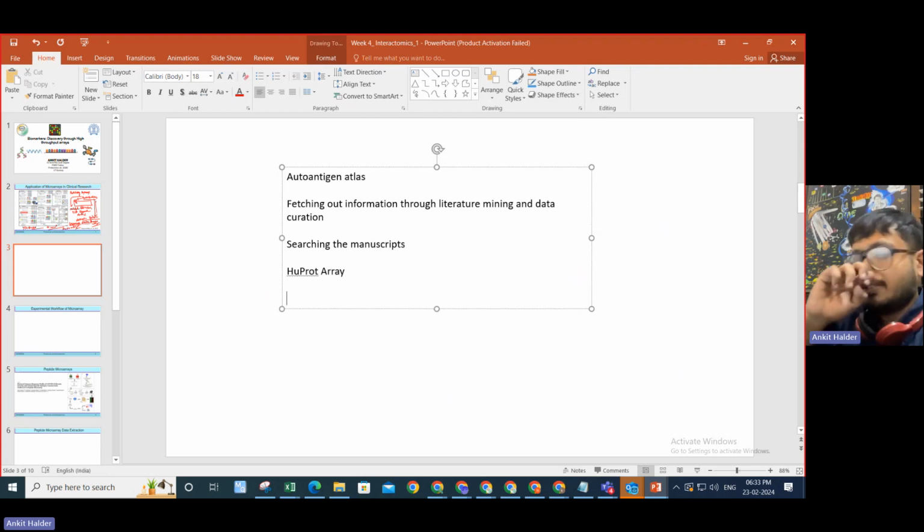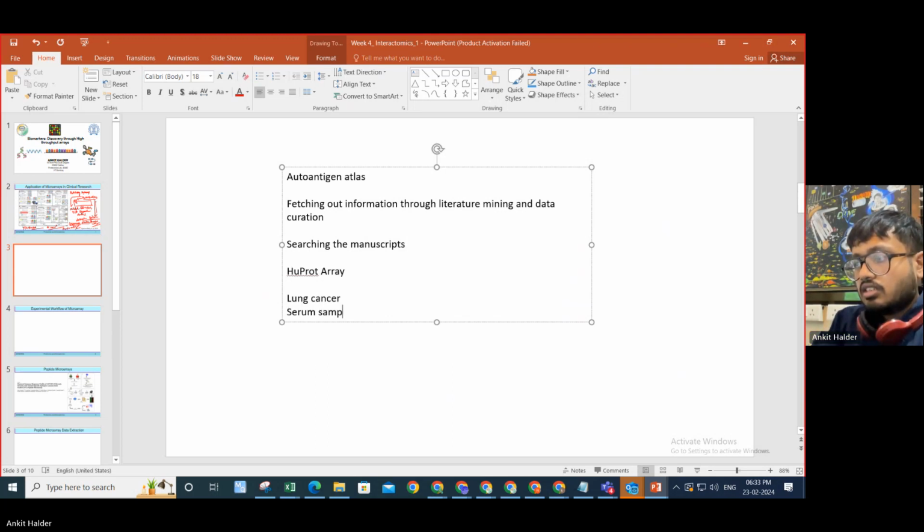You are working on a certain disease, like for example lung cancer. You had the serum samples, and after you have the serum samples, you run the samples over UProt arrays.